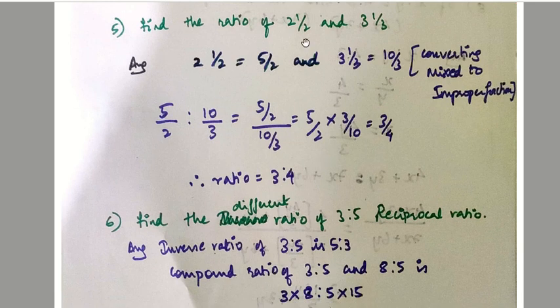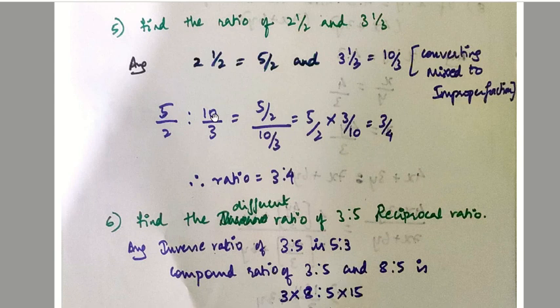Next, find the ratio of 2 1 by 2 and 3 1 by 3. So basically you have mixed fractions, which can be converted into improper fractions. So 2 1 by 2 can be written as 2 into 2 is 4, 4 plus 1 is 5, so 5 by 2, and 3 1 by 3 can be written as 3 into 3 is 9, 9 plus 1 is 10, so 10 by 3.